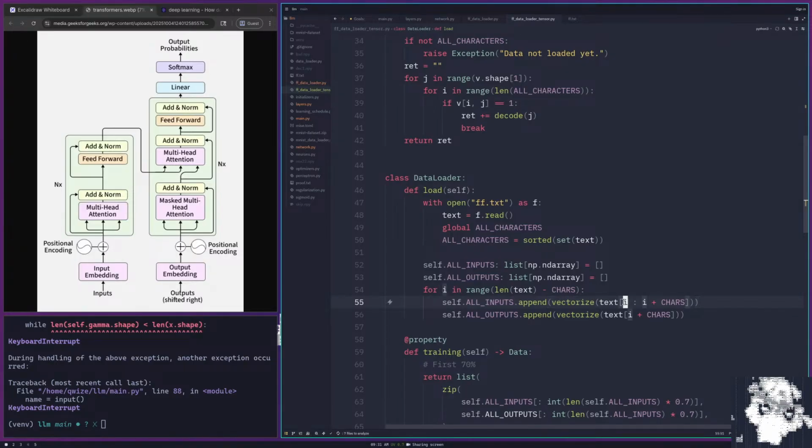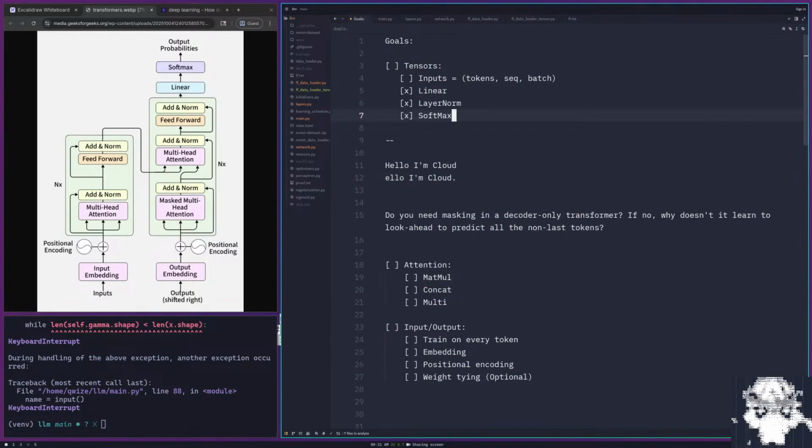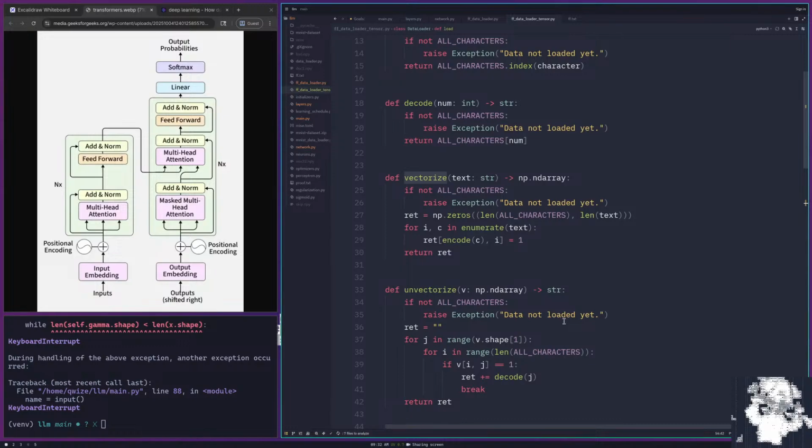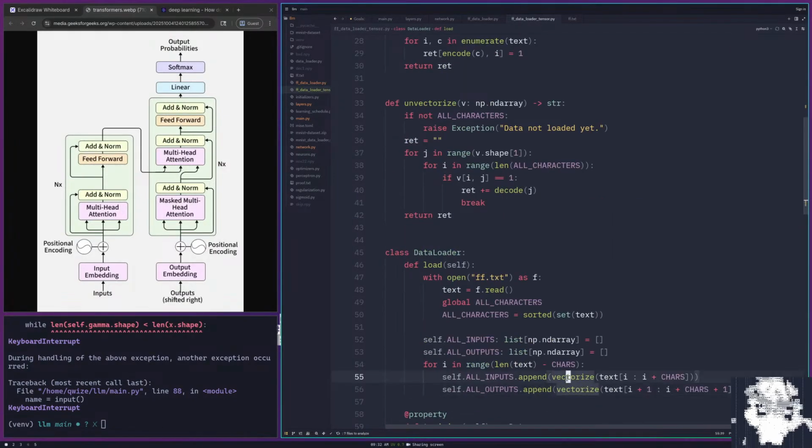So the input is the letters from I to I plus characters. The output, instead of just being the letter that comes after, is going to be I plus 1 to I plus characters plus 1. So it's the same text shifted to the right. If this is the input, this is the output. So this is a tensor. And that should work because I'm using the same method on both of them.